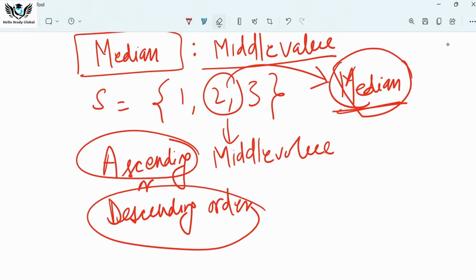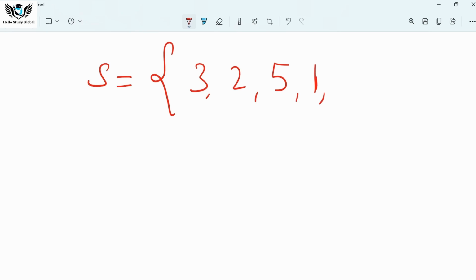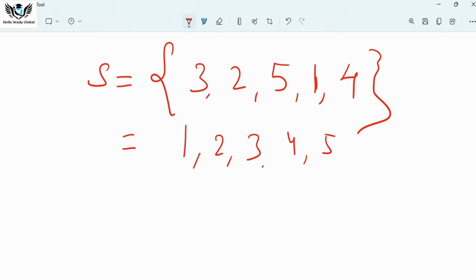Let's say we have a data set with 3, 2, 5, 1 and 4. Five data points are given. First we arrange the data terms in ascending order, so we rewrite it as 1, 2, 3, 4, 5.